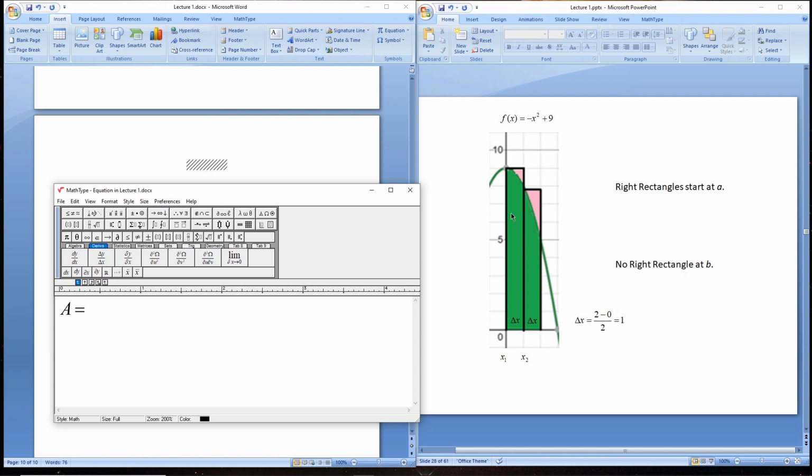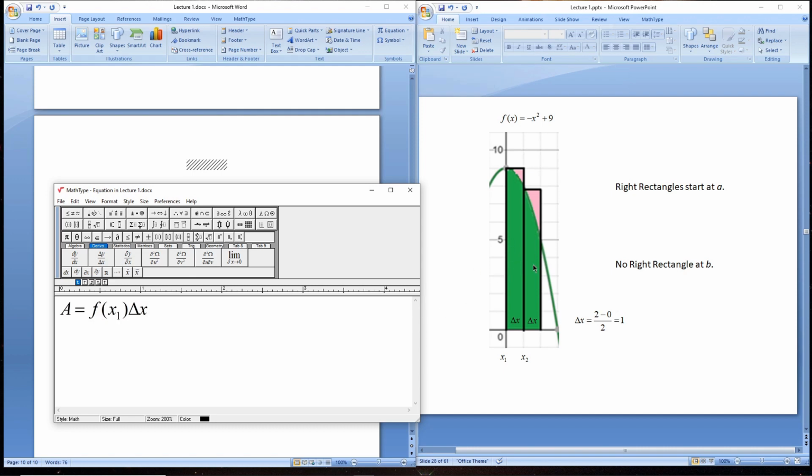So to get the height of the first rectangle, we are simply plugging x1 into the function. And then we simply multiply by delta x to get the area of that rectangle, length times width.